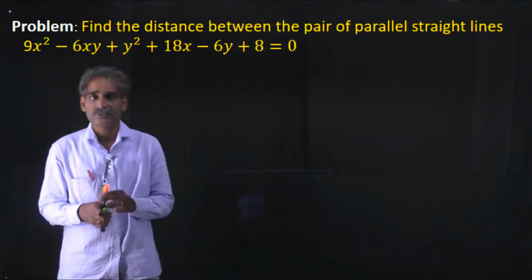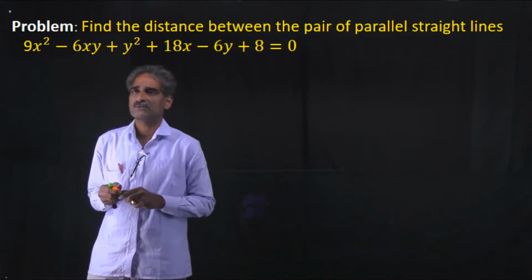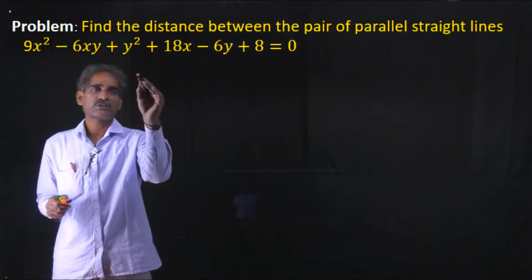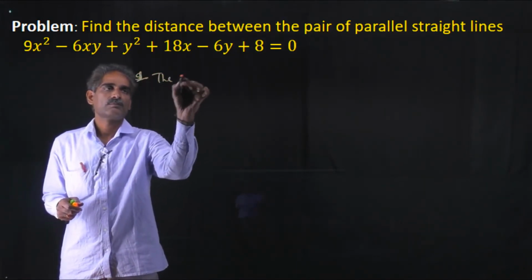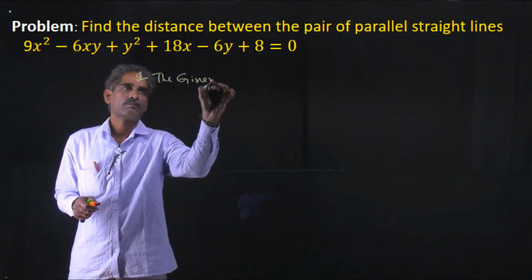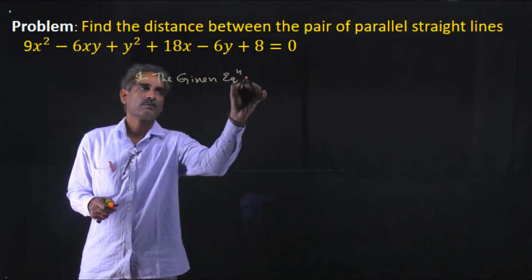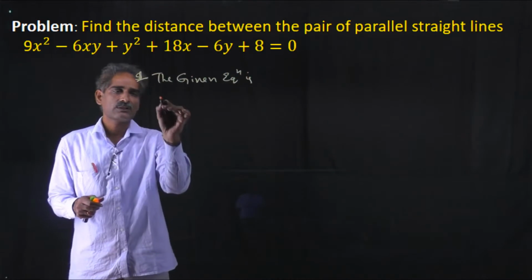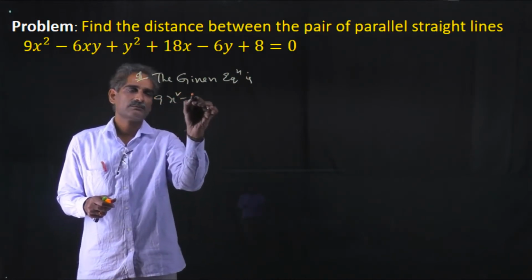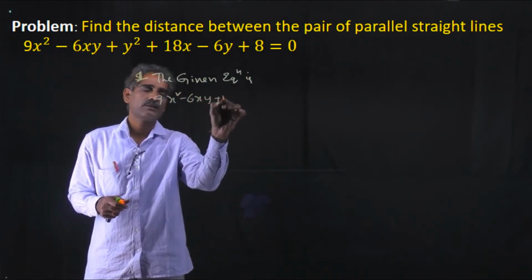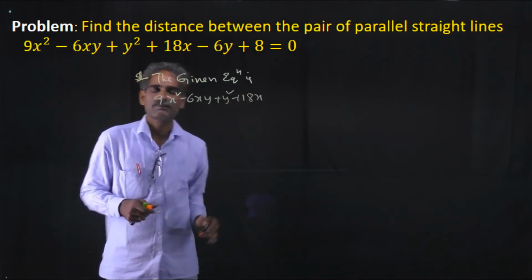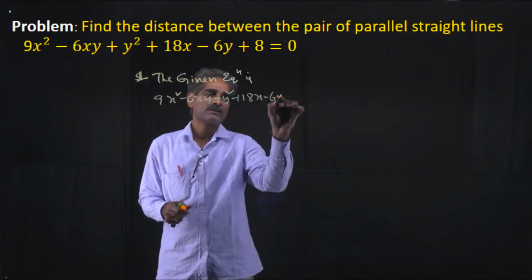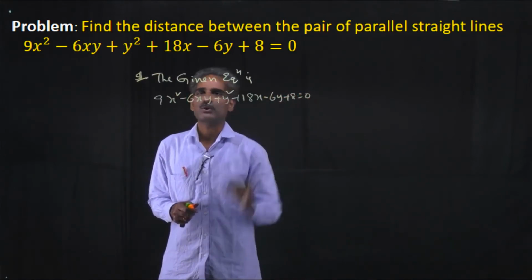So here the given equation is 9x square minus 6xy plus y square plus 18x minus 6y plus 8 equal to 0.